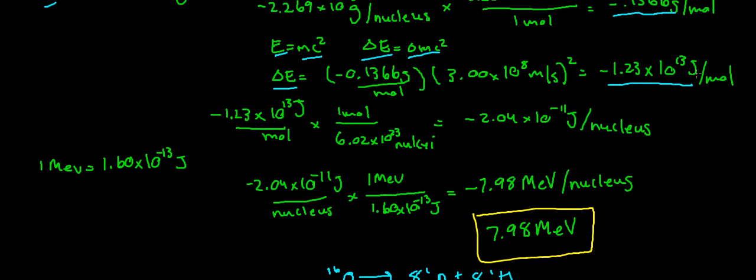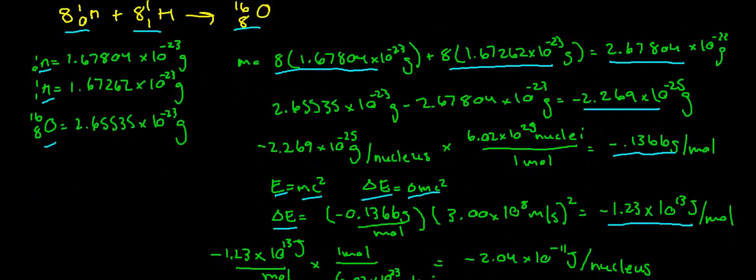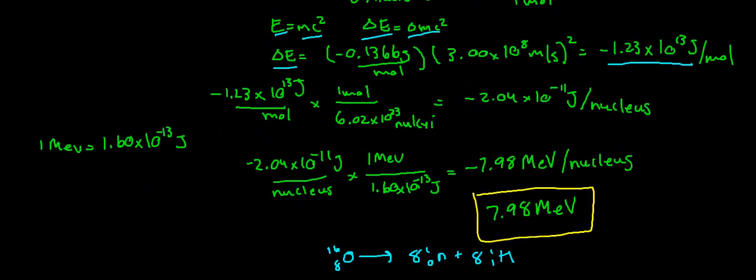So from here, back to the idea of nuclear binding energy. This is the amount of energy that is released per mole of oxygen formed from these constituent parts. Now what we do is convert it back to a nucleus, because in nuclear chemistry we don't really care about moles so much.